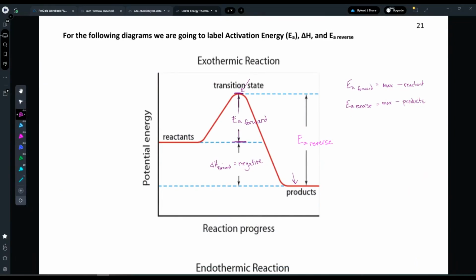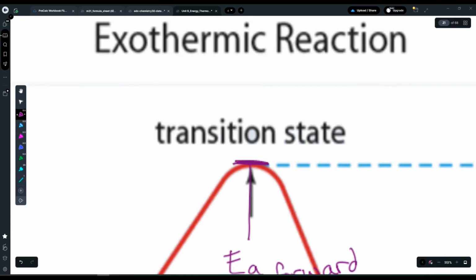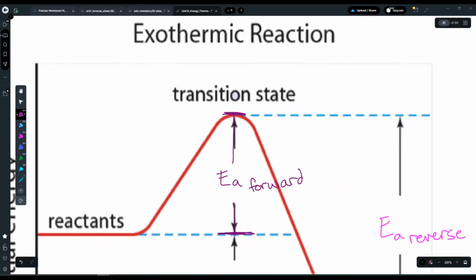Now, you probably noticed this label here of transition state. The transition state is essentially the point in the compound where we've put in energy, this energy right here, to break bonds. However, the new bonds haven't formed and released their energy yet.